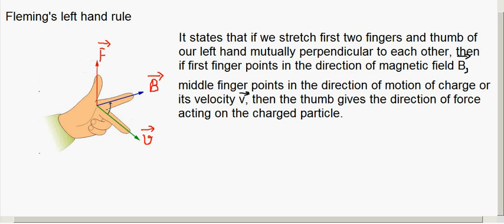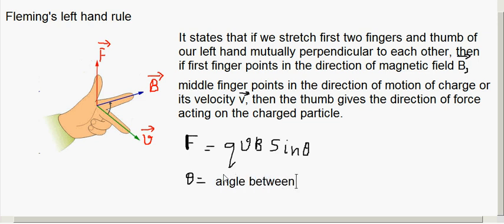Now as I said, the magnitude of the force is given by F equals qvB sin theta, where theta is the angle between B and v, that is the magnetic field and the velocity.